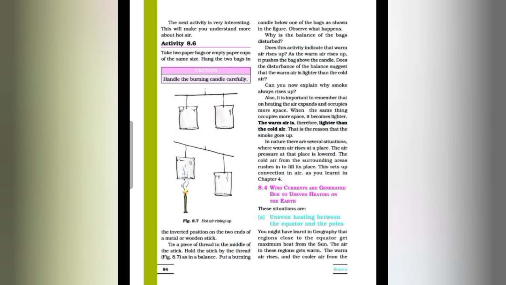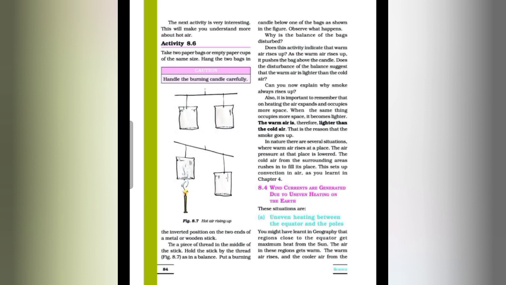One, unequal heating between the equator and poles of the earth, and second, unequal heating of the land and water of oceans. First we will discuss situation 1, that is uneven heating between the equator and the poles. So, wind produced by uneven heating between the equator and poles of the earth.